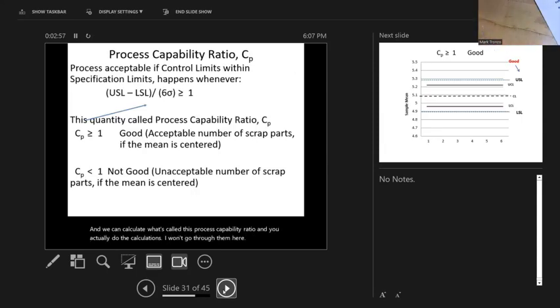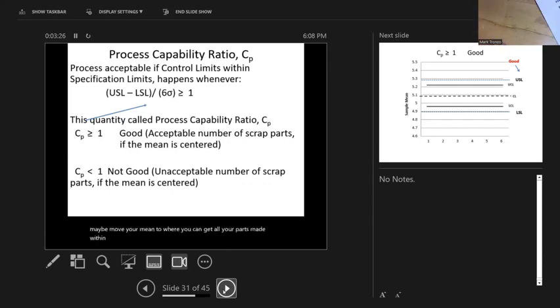What happens is it will tell you how much of your process could be put within the acceptable range. It doesn't necessarily tell you that it's in this acceptable range right now, but the higher that value is, if it's greater than 1, at least you can maybe move your mean to where you can get all your parts made within specifications.